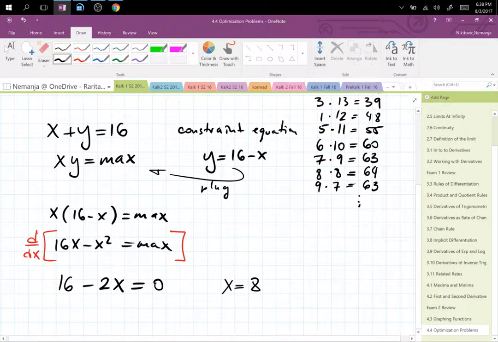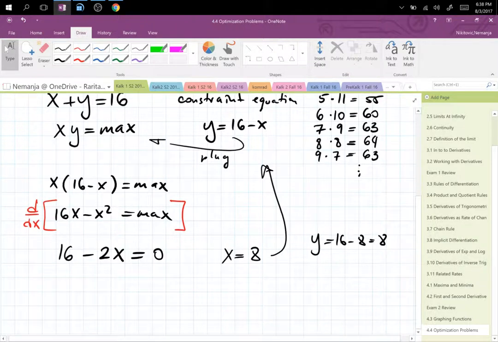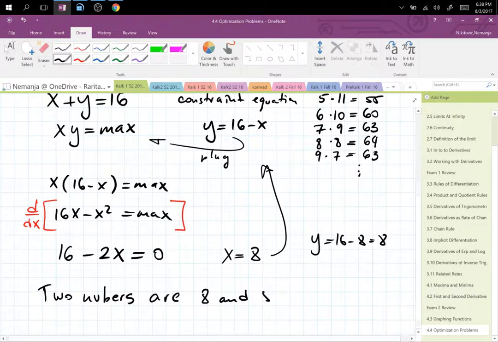And then you bring that 8 back up there. So y is 16 minus 8, and you get another 8. And you say the two numbers are 8 and 8. It's the same number, right? 8 and 8, for the maximum.